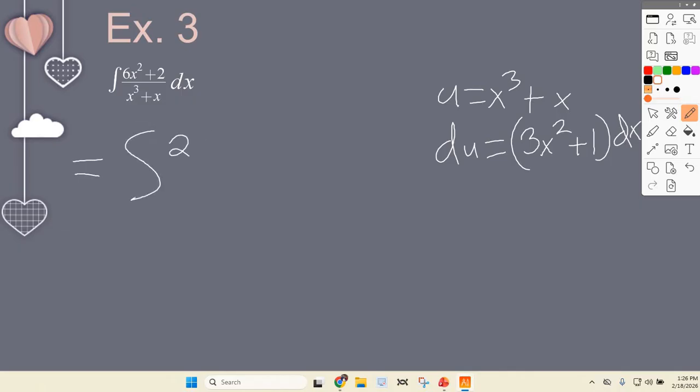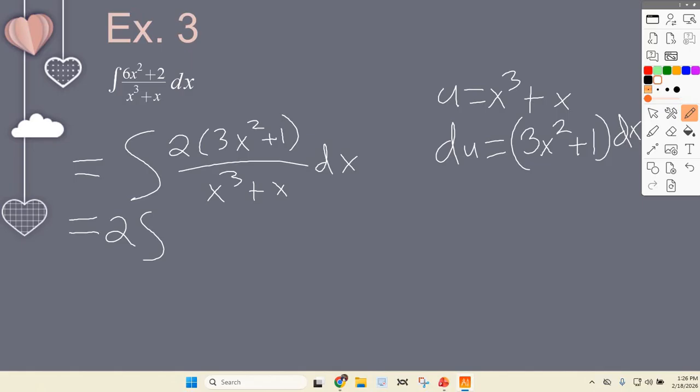So notice if I factor out a 2, I am left with a 3x squared plus 1 on top, which is now helpful, that's what my du is. So I'm just going to pull my 2 out to the front. This now becomes my du, and I have a u on bottom. So again, what's our antiderivative here?